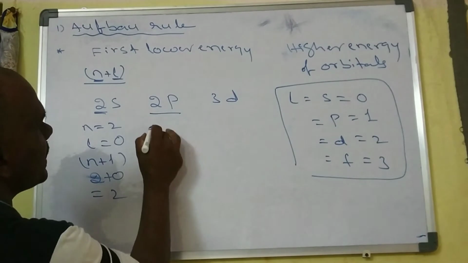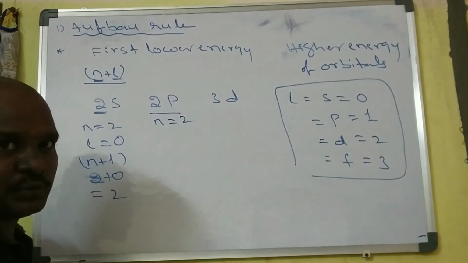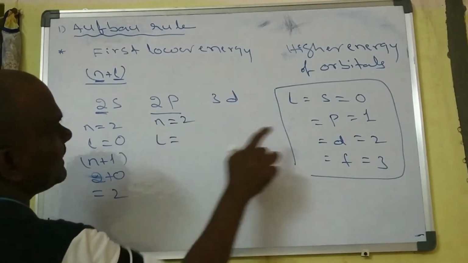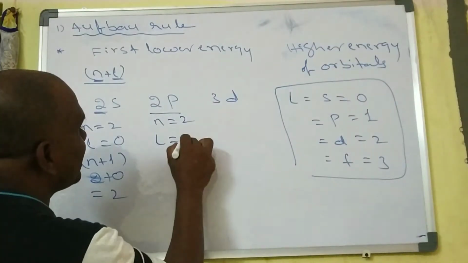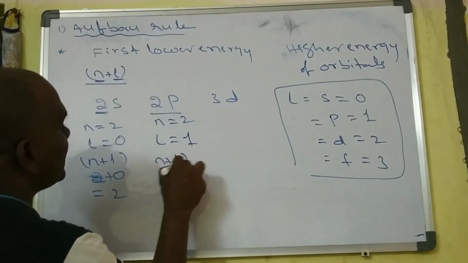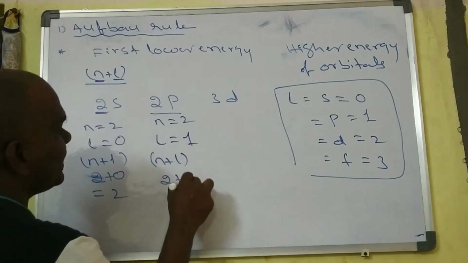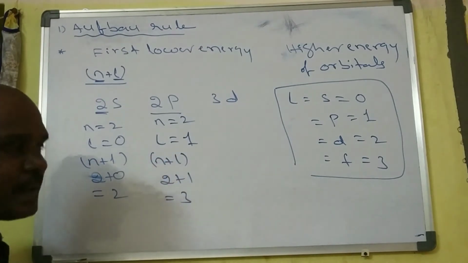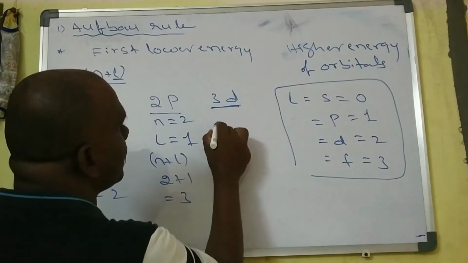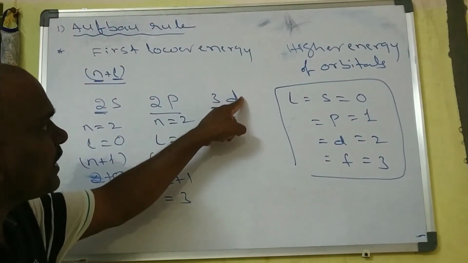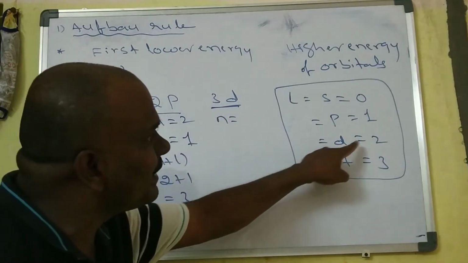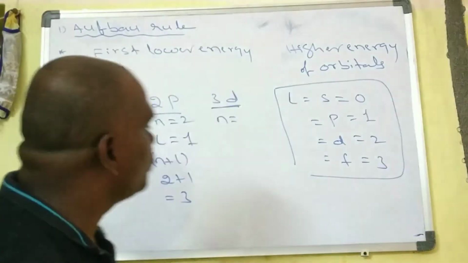For 2p, N is equal to 2, and the L value for p orbital, students, is 1. So N plus L is 2 plus 1, that is equal to 3. For 3d, the 3 is the N value, and the L value for d orbital is 2.